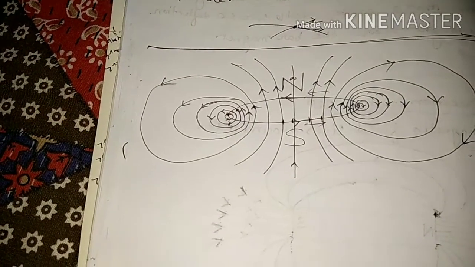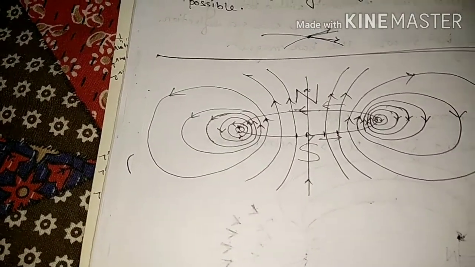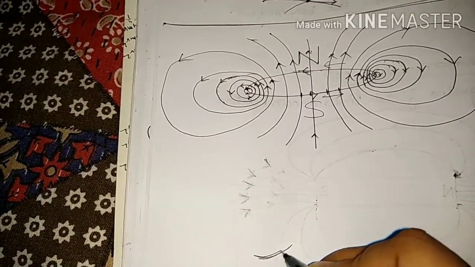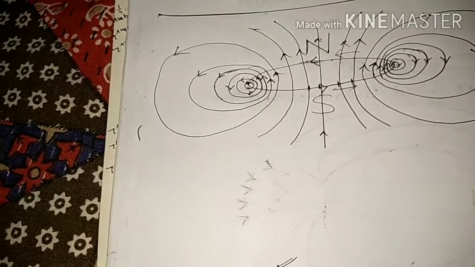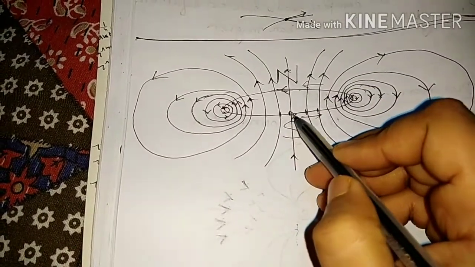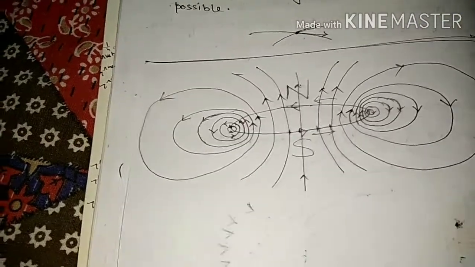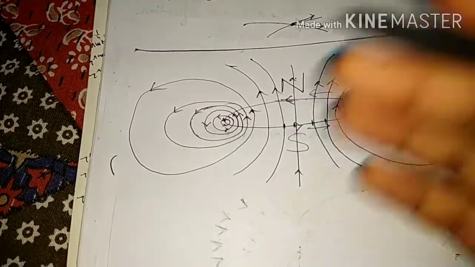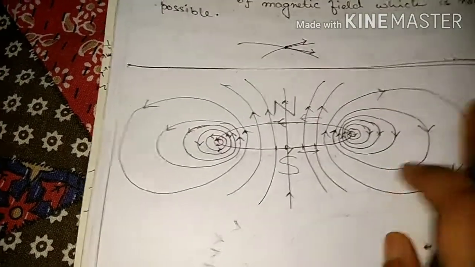Each small segment is a straight conductor, because it is very small. Suppose this is a circular coil, and you consider only this part, this part is almost a straight line. Like this way we find the direction of the magnetic field for each segment, so we can get where the magnetic field is directed around the whole wire, in which direction.